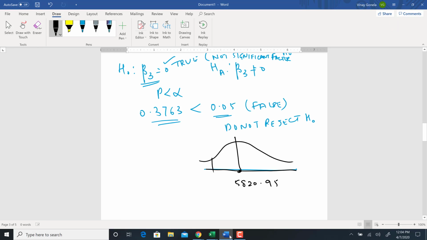Since we said we wanted a 95% confidence interval, this value will be your lower bound and this value the upper bound.